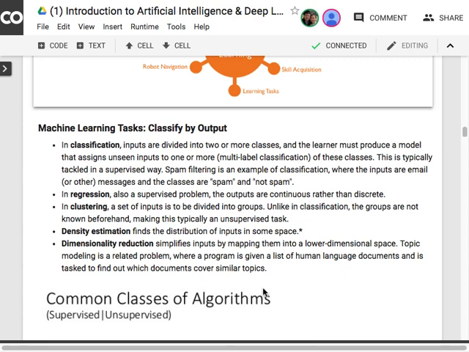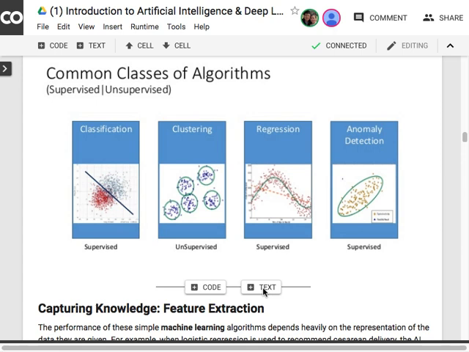And the last one is dimensionality reduction, which tries to simplify the input by mapping it into a lower dimensional space. Okay, so this is the output of machine learning. Like this, with classification, we have data, and we try to cut them into many classes.